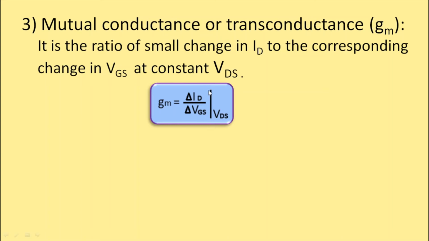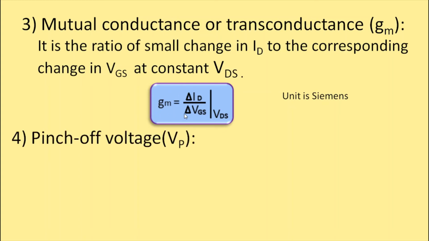Observe, I am using the same symbol here for constant VDS. Now the unit of this is Siemens, because it is nothing but the reciprocal of resistance. If you observe, resistance is given as a ratio of V by I, whereas here I am taking the reciprocal of that, and hence I call this the conductance parameter.